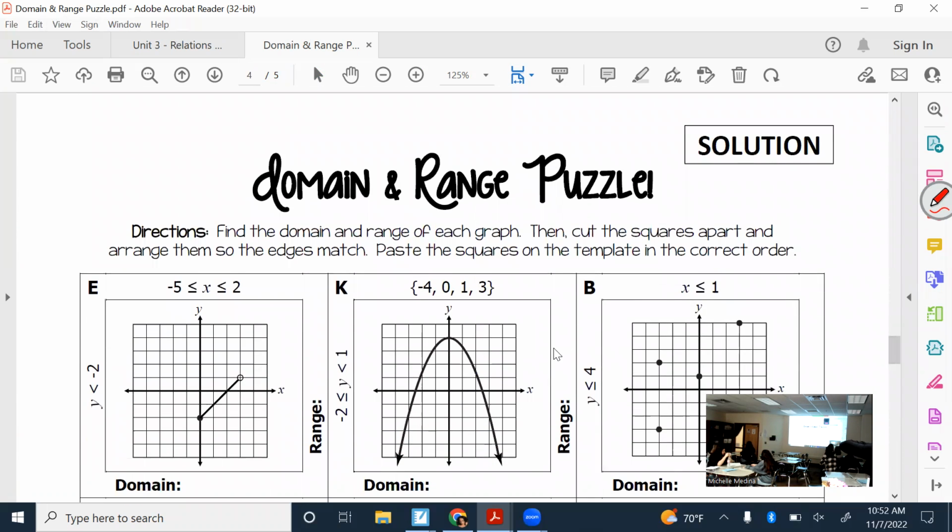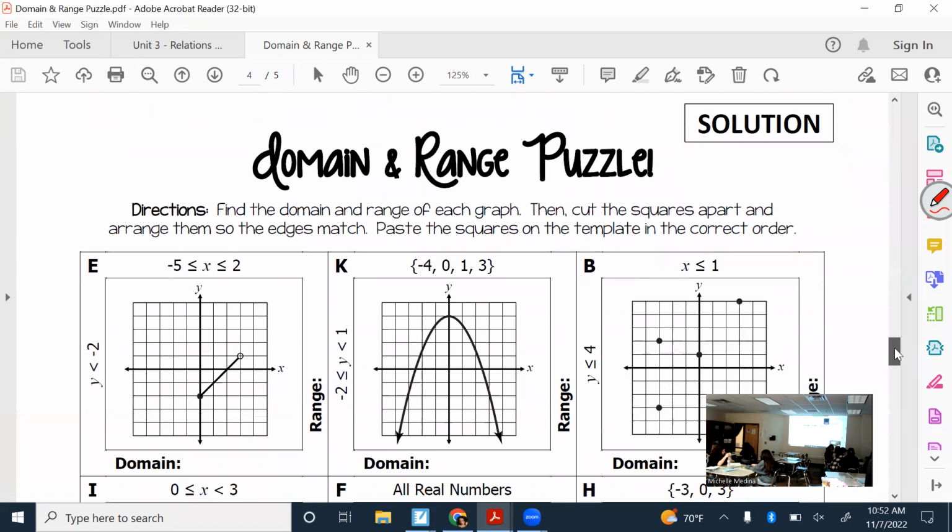So once you graph it, or once you identify your domain and range, you piece it together with its matches. So for example, the range of E is -2 less than or equal to y less than 1. And you know, because that's an open circle right here, that it's less than.